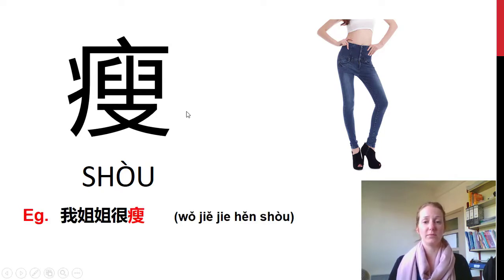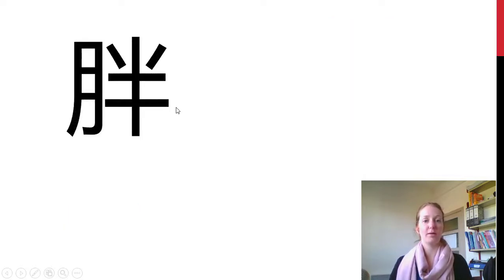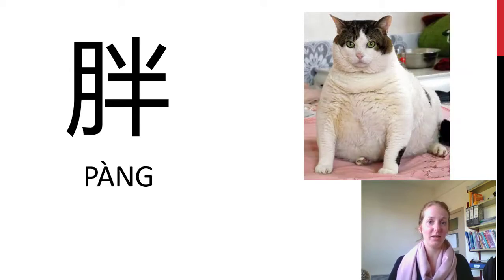我姐姐很瘦。这是什么？这是胖。You might recognize this 半 from, for example, 3:30, 3点半. So that's where the sound comes in. On the left here, we have the flesh radical.